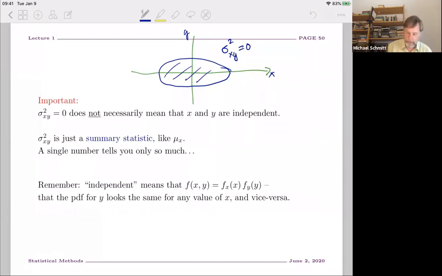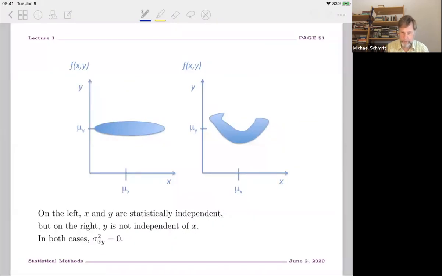Okay, why? Well, look at this example. Okay, so this one, they're independent. Okay, and sigma squared xy equals 0. Sigma squared xy for this guy is also 0, but they're not independent.